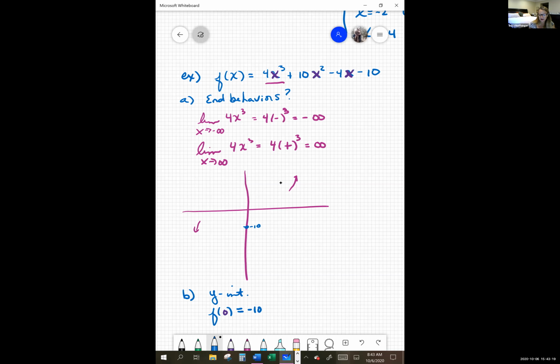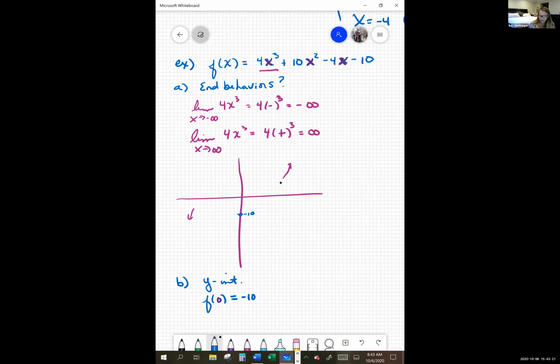How are we going to factor f of x? Any clues or suggestions? So when I look to factor, there's certain things that are helpful. One of them is looking at how many terms you have.